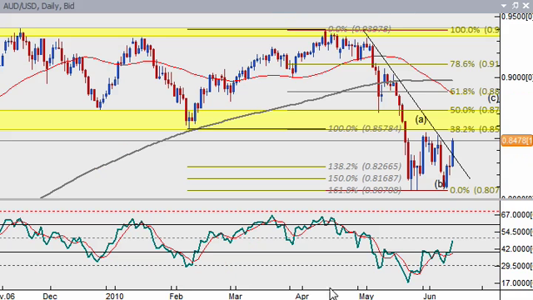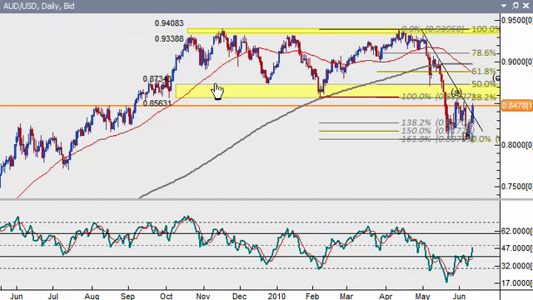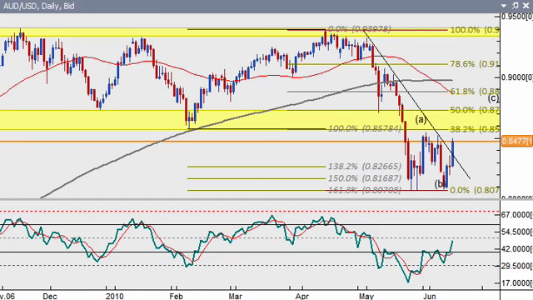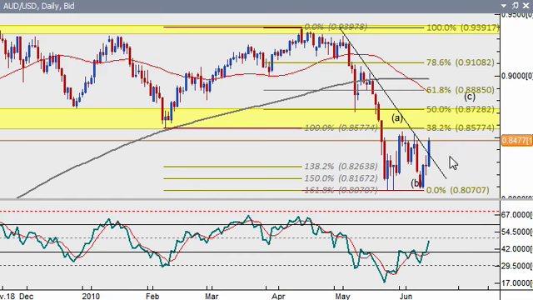Turning our attention to the Aussie dollar pair, which here in May broke this important support for this channel. So here we are in a correction or consolidation at the moment. So this may have been A, B, and we may be in the middle of C wave. So this could be a flat correction, which means the target has pretty much been reached at the 0.85 area.